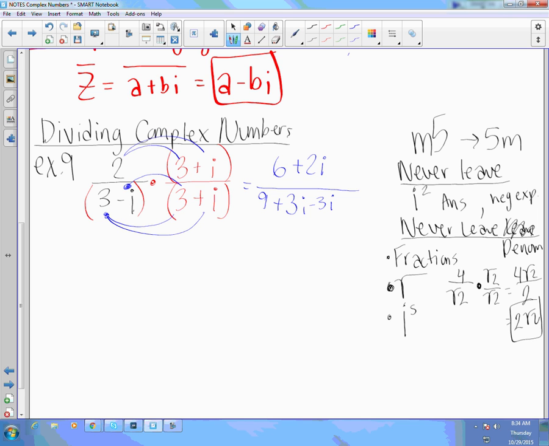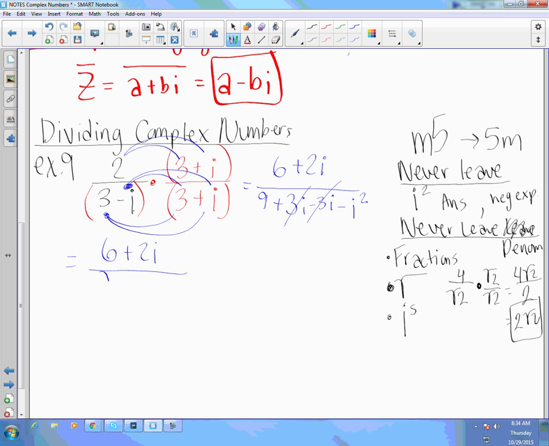And lastly, negative i times i, negative times positive, negative i squared. Look what happens. These two in the middle cancel out. As long as you use the correct conjugate, which is the same thing as choosing the sign in the middle, you're going to cancel in the middle. Which is perfect, because all of my i's disappear.